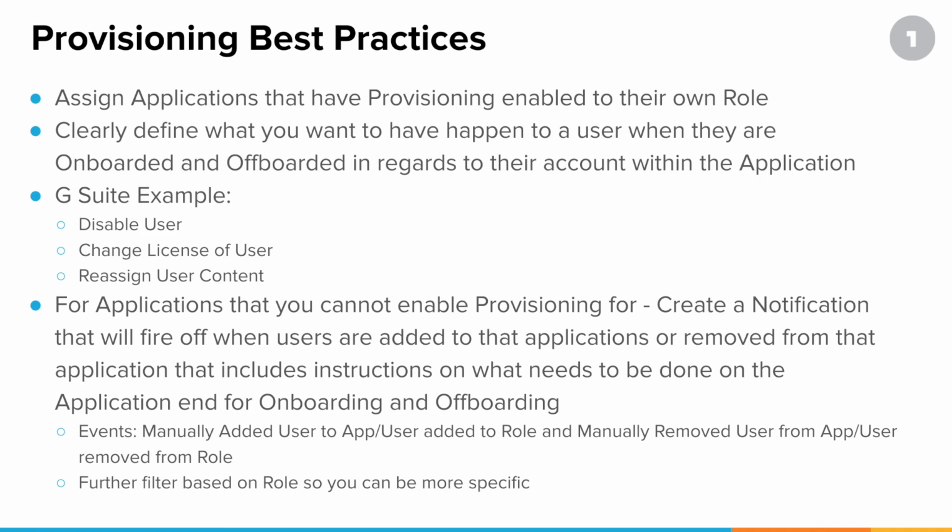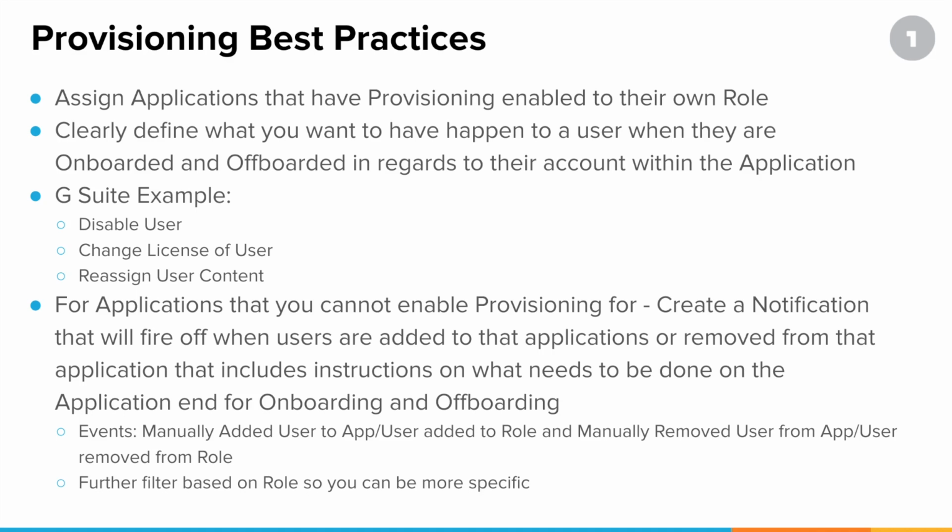OneLogin can get you pretty far along the way, either through just our lifecycle management feature here with provisioning and deprovisioning, or using it in conjunction with something like our OneLogin workflows. Then for applications that you can't enable provisioning for, or maybe you can't automate some of those steps, create a notification.